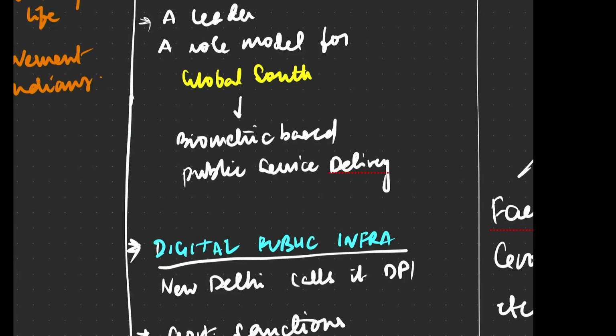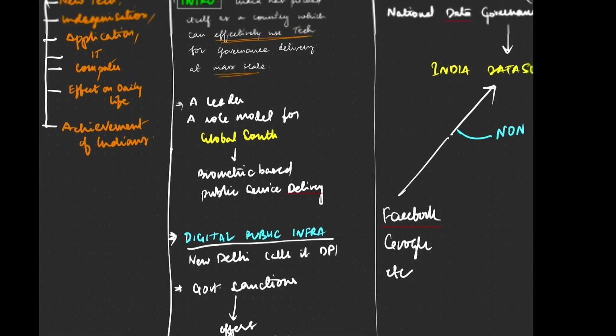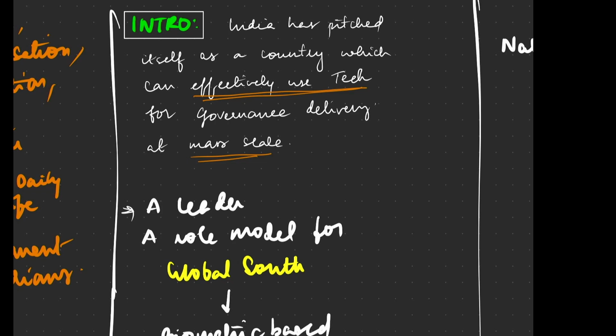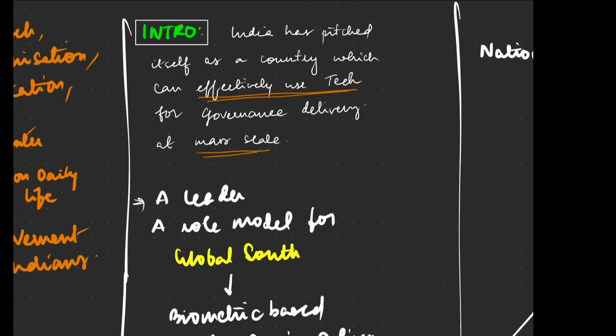One example is using biometric-based data for public service delivery. The Indian Aadhaar card, DBT models, and the JAM Trinity (Jan Dhan, Aadhaar, Mobile) are really innovative solutions, models for other countries to take up.